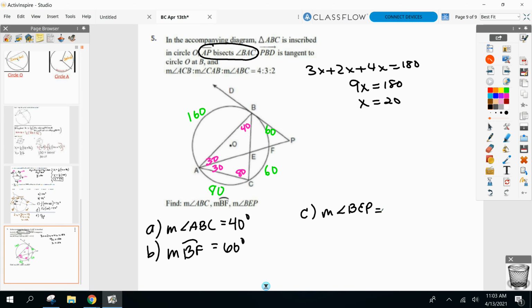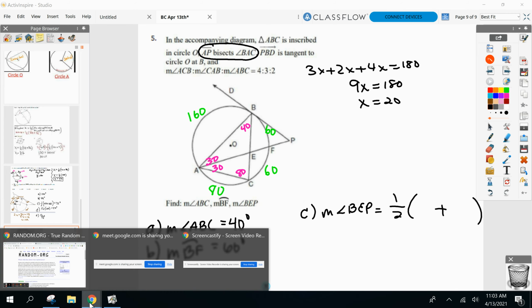You good? No central angles here in this diagram. BEP, is it central? Even though I just said there's no central angles in this diagram. Is it inscribed? Nope, it's a floater, isn't it? If it's a floater angle, I'm taking half of what two numbers added together?